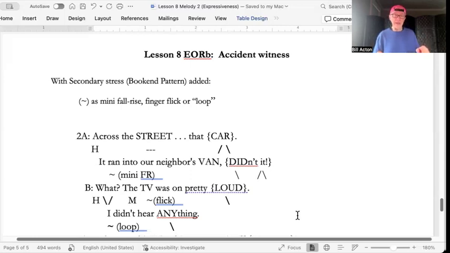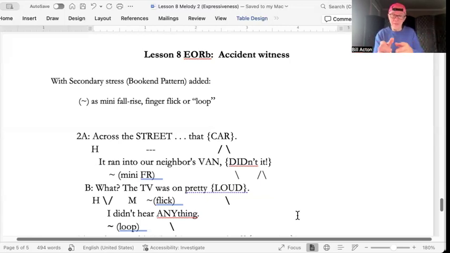So here's 2A. So 2A is high, going back, there's that across the street. Remember that? Across the street, that car, right? Now this one, there's a mini fall rise, a little bit of a fall rise. Something like, it ran into our neighbor's van, didn't it?